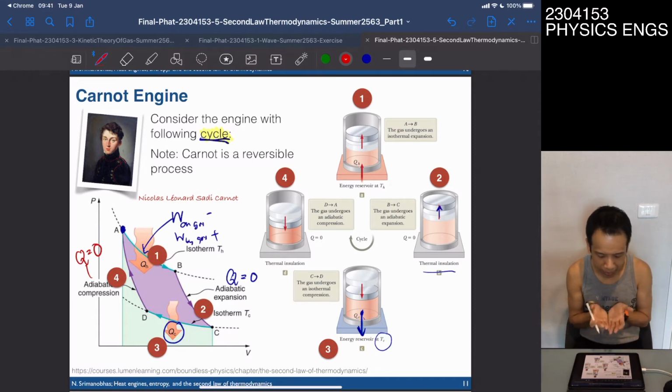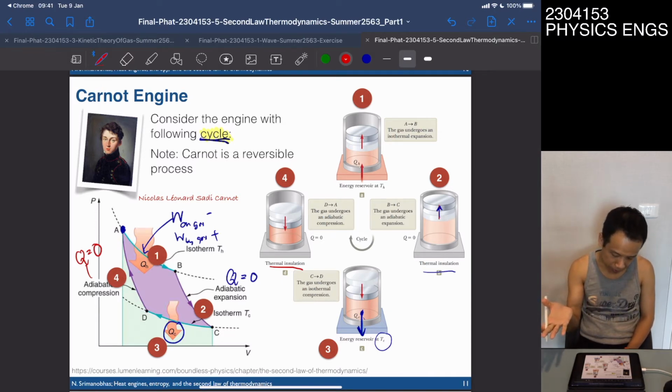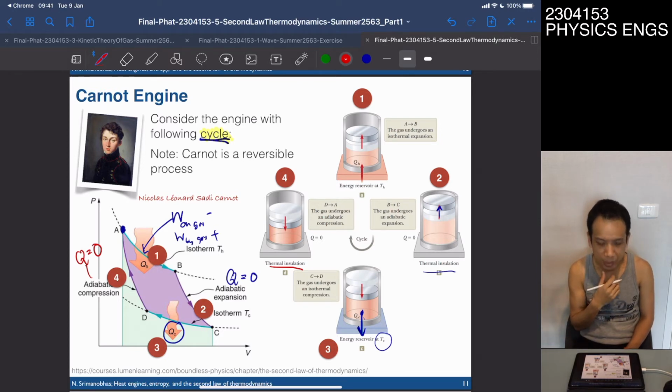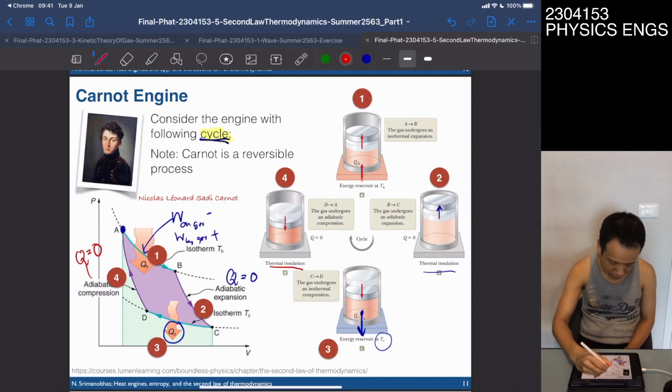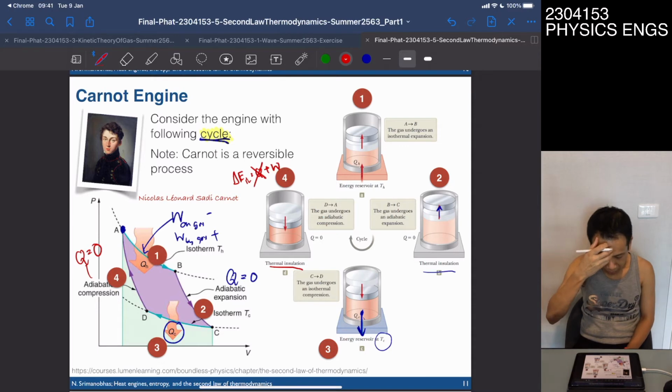So you attach the thermal insulators, okay, and in this case there is no heat that comes in. However, the volume starts to be compressed, okay. So in this case, when the volume is compressing, you have delta E equal to Q plus W, and then the Q becomes 0, okay.